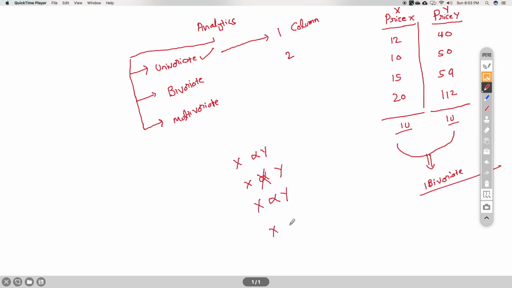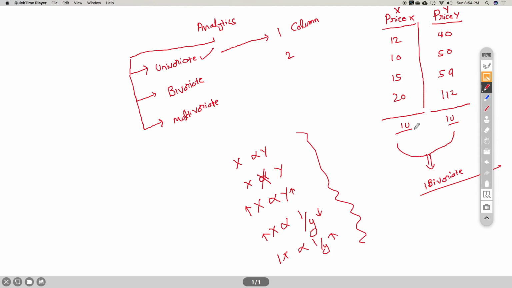It could be a direct relationship, or X and Y could be related as 1 over Y, which is an inversely proportional relationship. So if X is increasing, Y is also increasing. If X is increasing, Y is decreasing, and so on. If X is decreasing, then probably Y is increasing. There are multiple ways. This is called bivariate analytics.